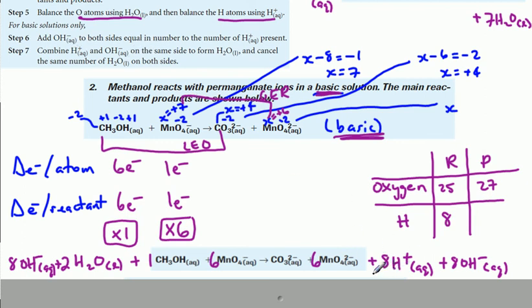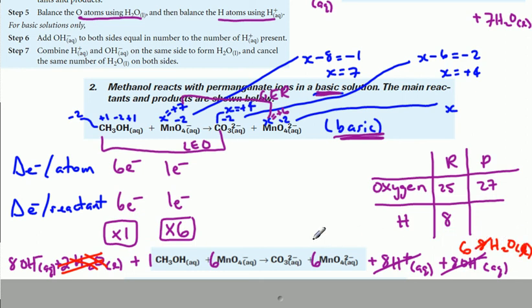So these 8 together will make 8 waters. However, it's supposed to be liquid. We already have 2 waters here, so these 2 waters will cancel 2 of these waters. So in fact, we only have 6 waters on the right.